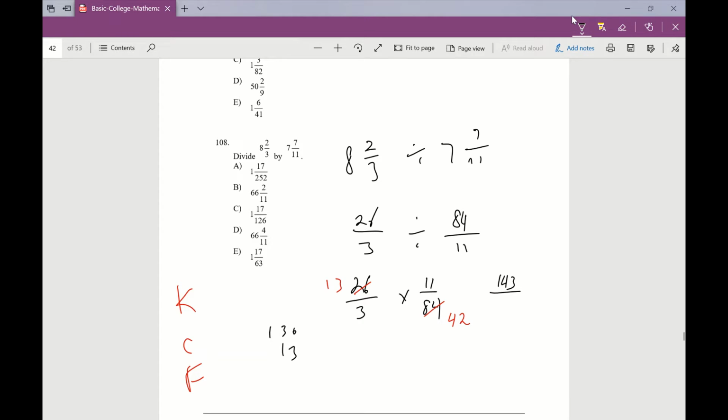In this case, this will be 126. So now let's reduce it. This will be 1 and 17 over 126, which is C.